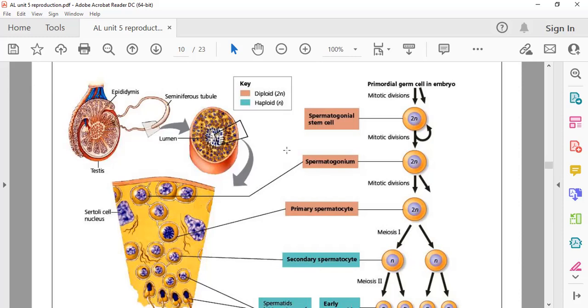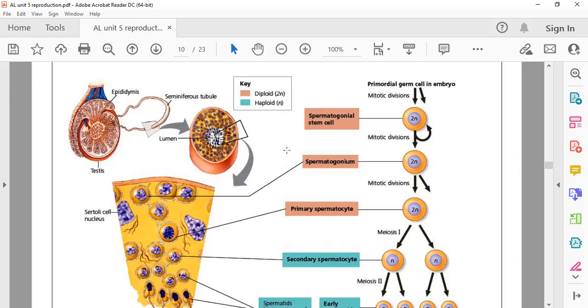Spermatogonia are made from the spermatogonial stem cells. What type of cell division happens from spermatogonial stem cells to spermatogonium? Mitosis.